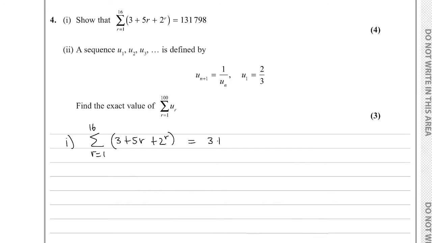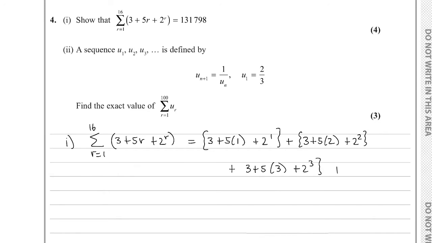It's 3 plus 5 times 1 plus 2 to the 1. That's the first term. The second term will be 3 plus 5 times 2 plus 2 squared. The third term will be 3 plus 5 times 3 plus 2 to the power of 3 plus dot dot dot.